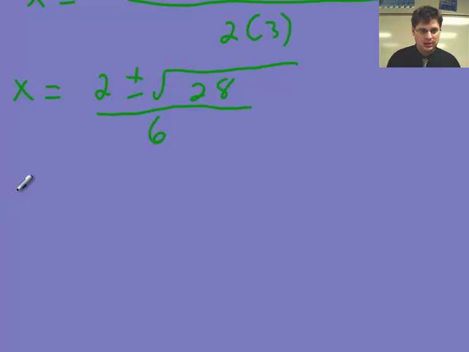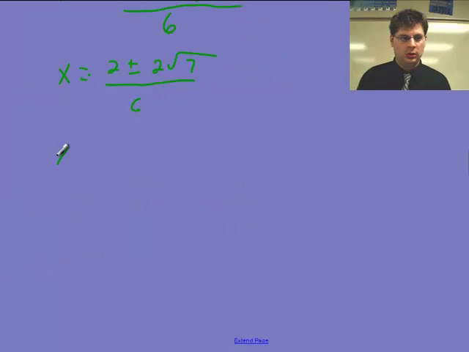Then x equals, we can simplify 28 because we can pull out a 4, and the square root of 4 is 2. So we're left with 2 square root 7 all over 6. And we want to simplify this.